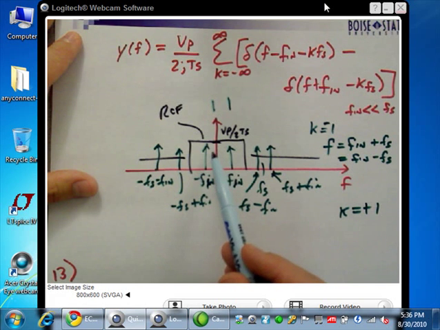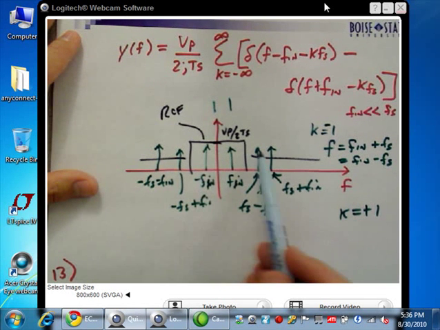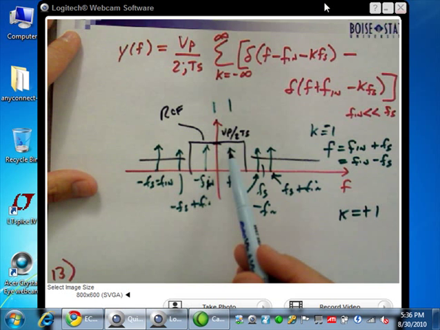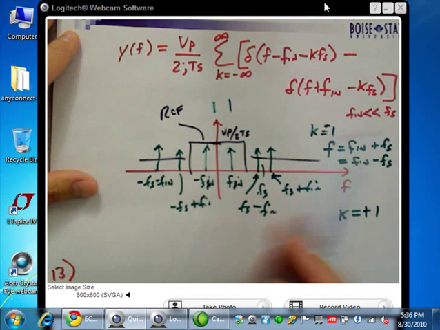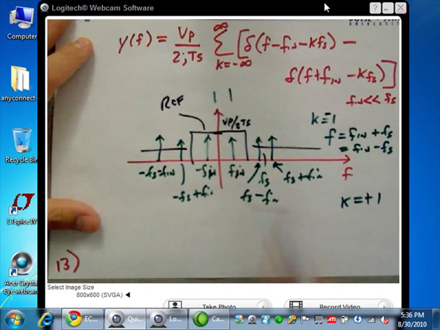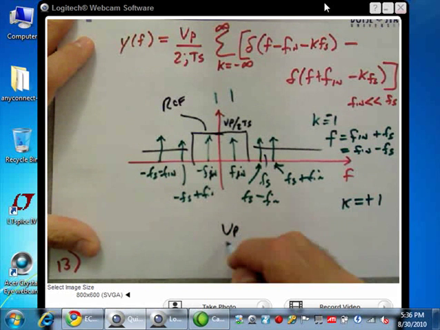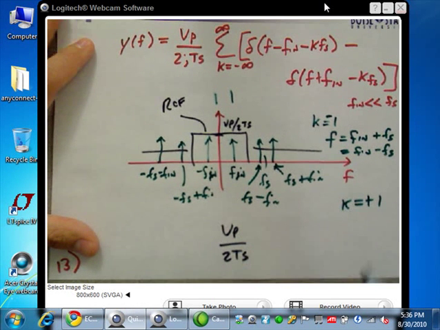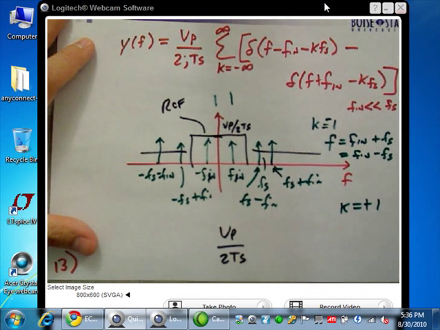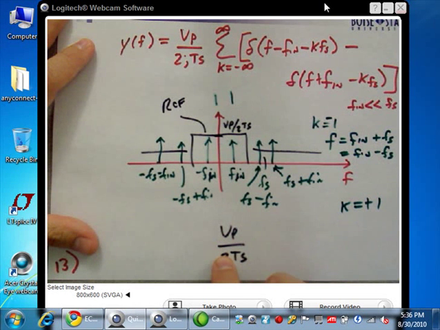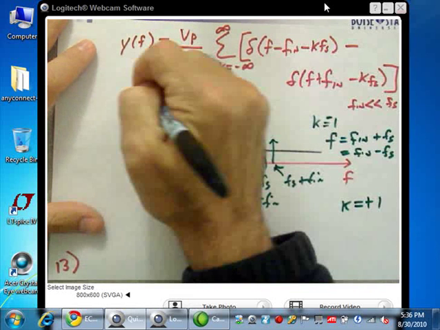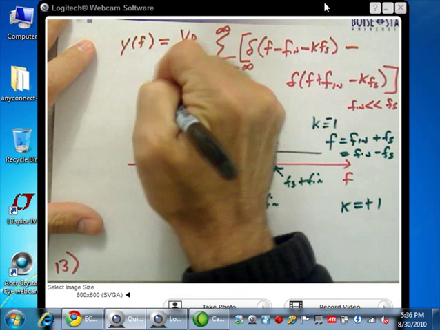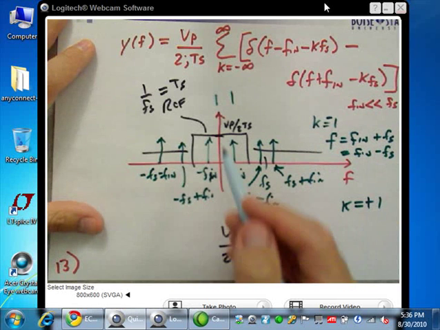So I have to pass this through a filter with an amplitude of, not 2. Here, these have amplitudes of VP over 2TS. The original spectrum, what I had before, was VP over 2. To get that back, I need to multiply by TS, or I could write it as 1 over FS. That's the amplitude of the reconstruction filter.